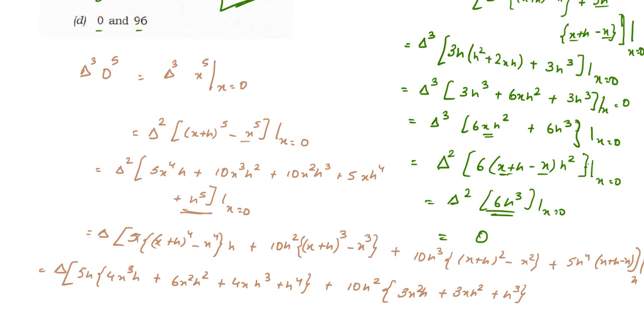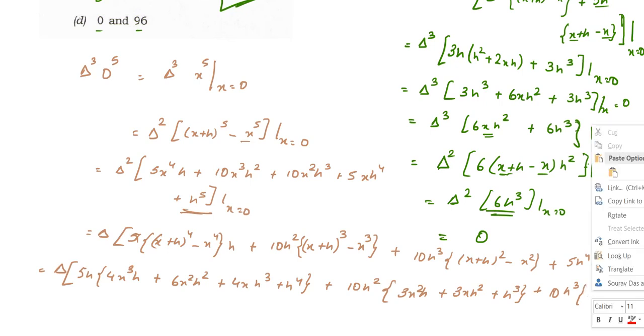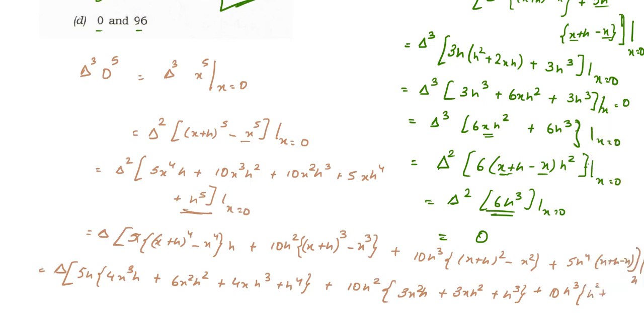Again x cube gets cancelled out, and in the last portion here we have 10h cube times (x plus h) whole square minus x square, so this will simply give us h square plus 2xh, and the last is 5h to the power 5, and x is equal to 0. Because you can see here h minus h gets cancelled out, so we are left with h multiplied by 5h to the power 4, which gives us 5h to the power 5.